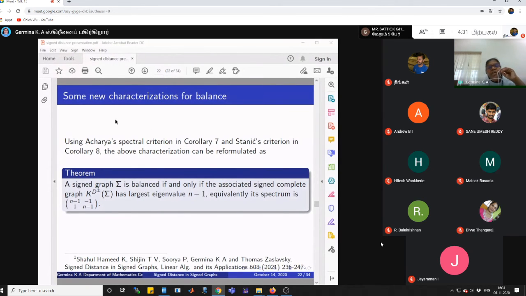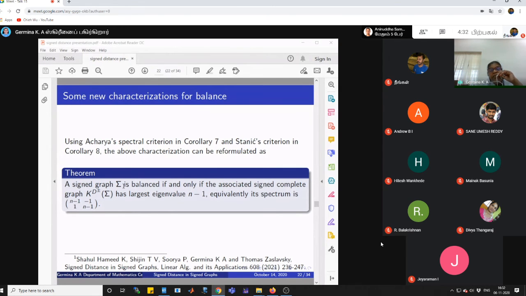So next we look at whether we can connect this with Acharya's spectral criterion and Stanic's criterion in Corollary 8. We have already mentioned this. And what we find is this characterization can be reformulated, and we proved this theorem.